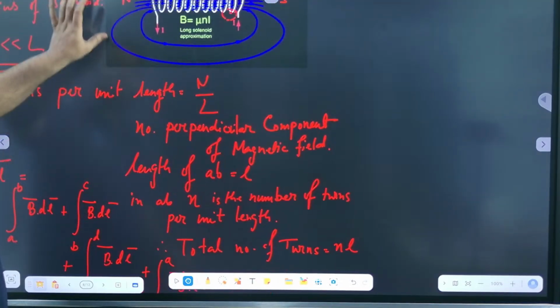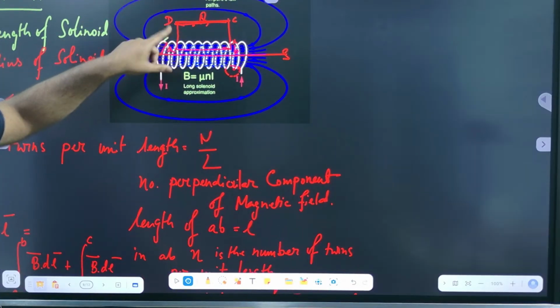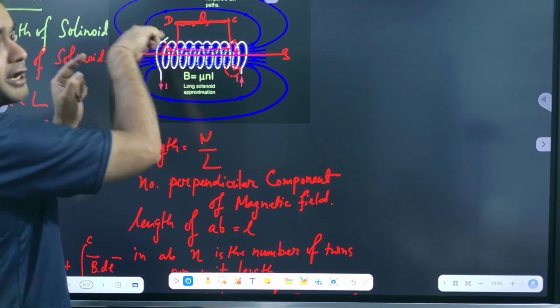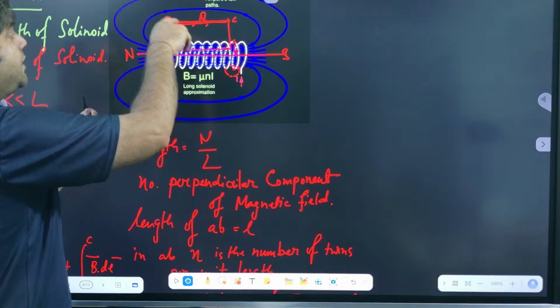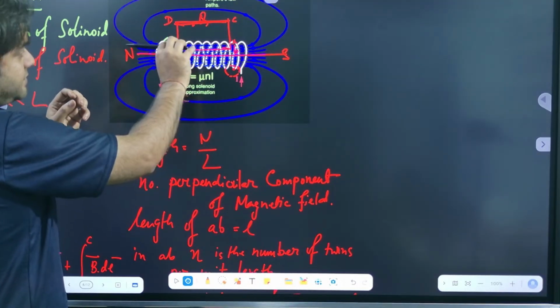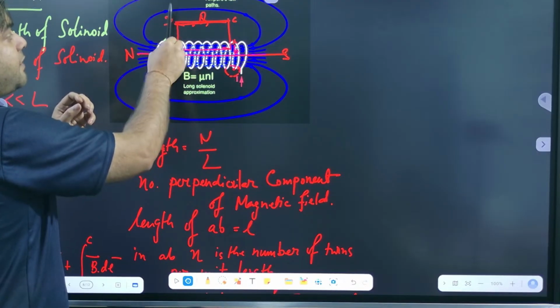ठीक है, यहां पे देखते हैं D to A, again the same case, इधर the magnetic field will be outward and inward, and the line will be in this direction.